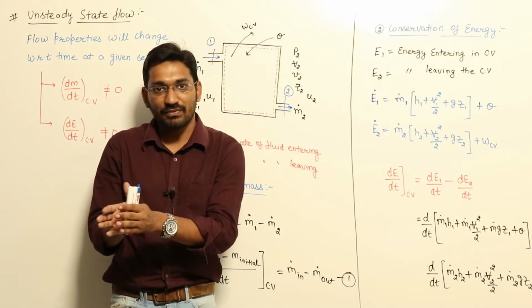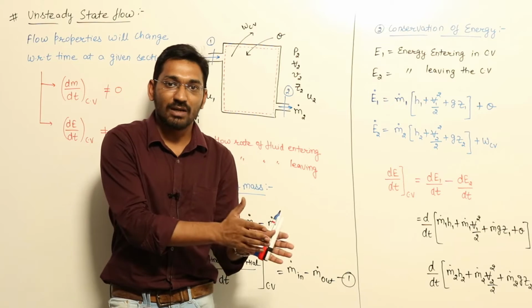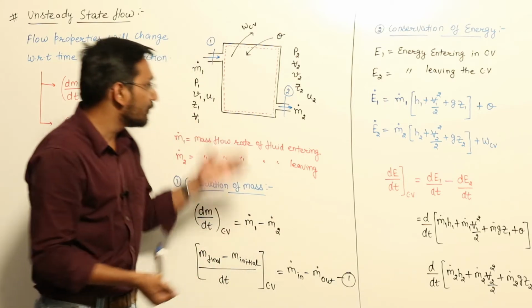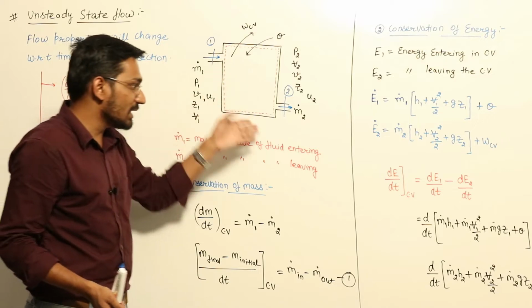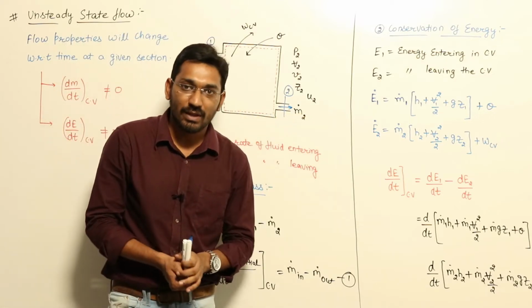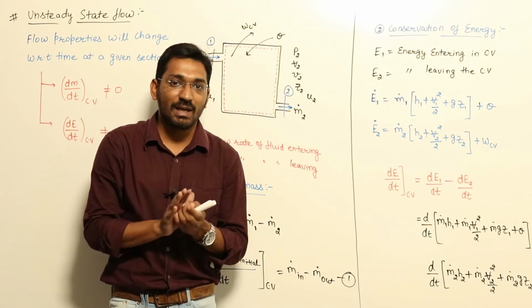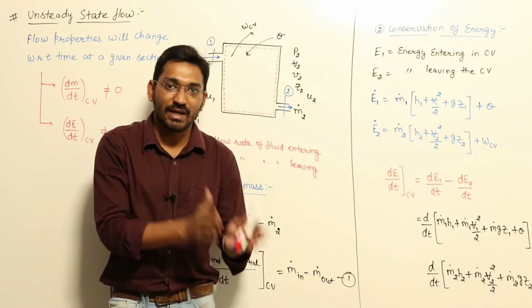The initial mass of the control volume will be equal to the final mass, or you can say the mass flow rate at the inlet is equal to the mass flow rate at the outlet, so that the net mass of the control volume remains the same. This is the case of steady flow.